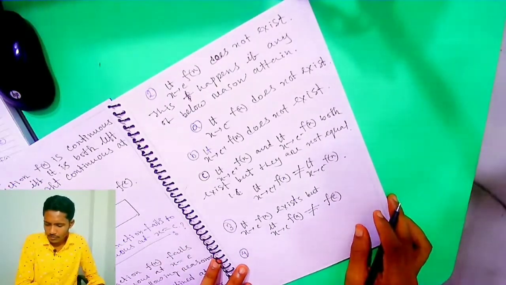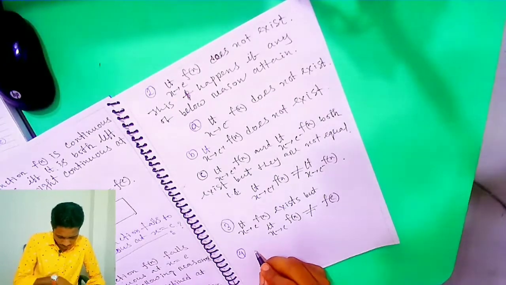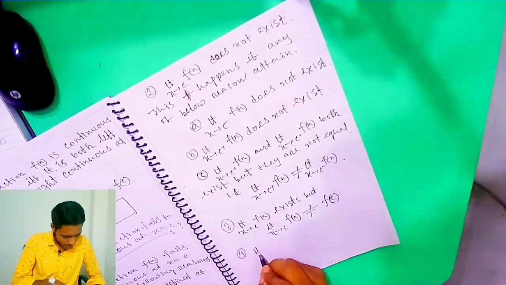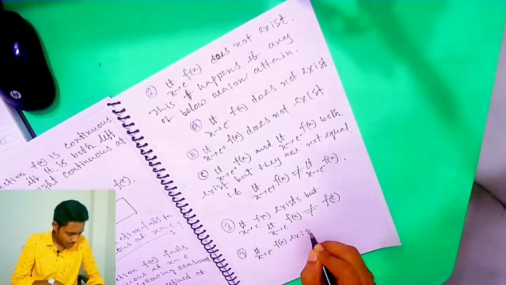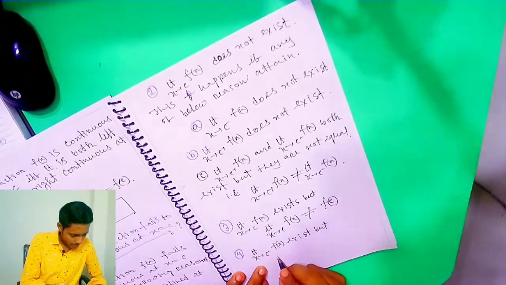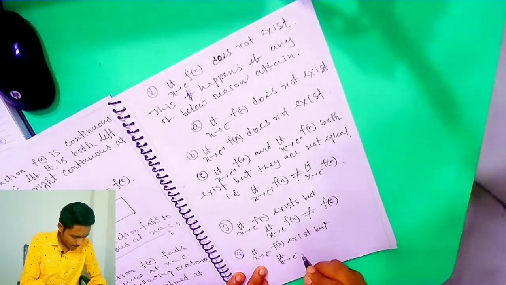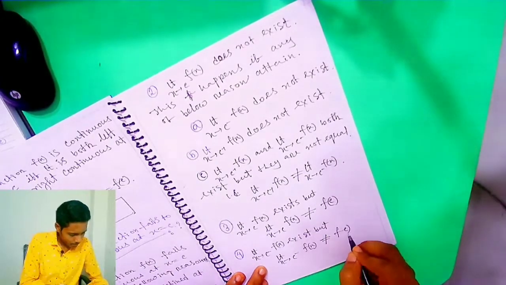Number 4, limit x tends to c minus f(x) exists, but limit x tends to c minus f(x) is not equal to f of c.